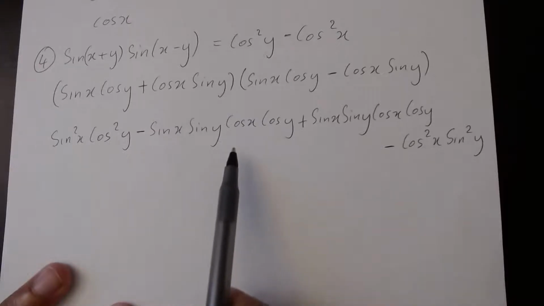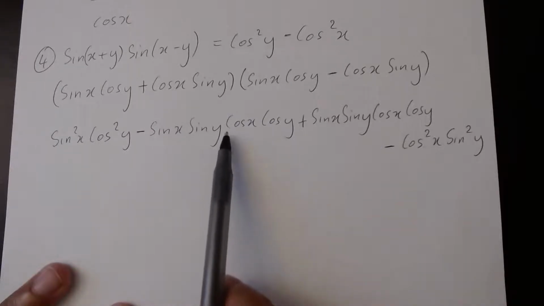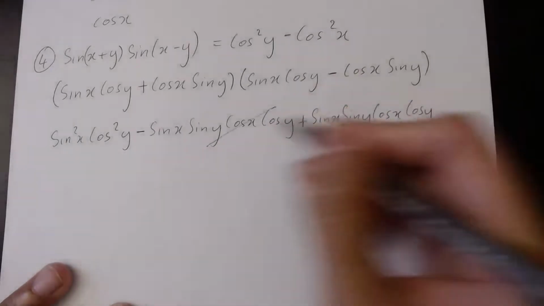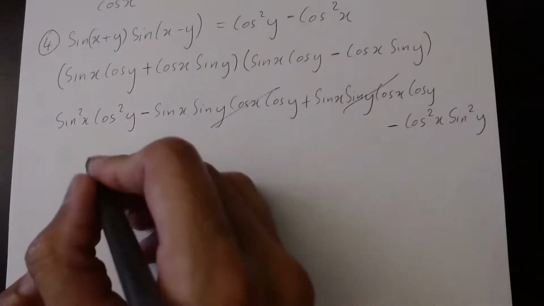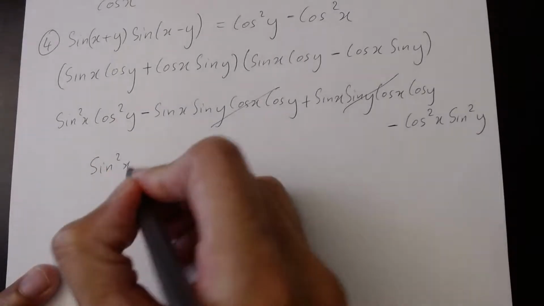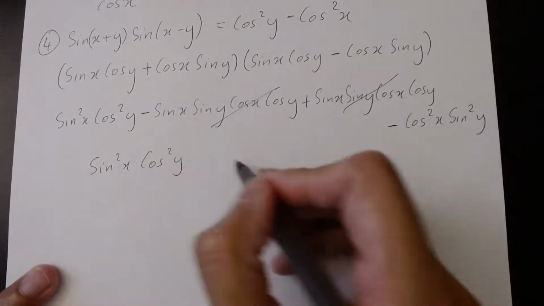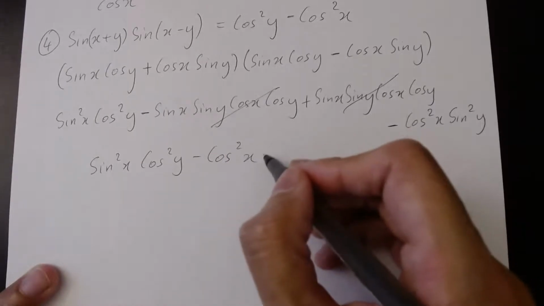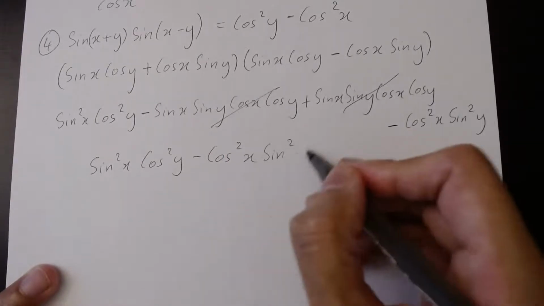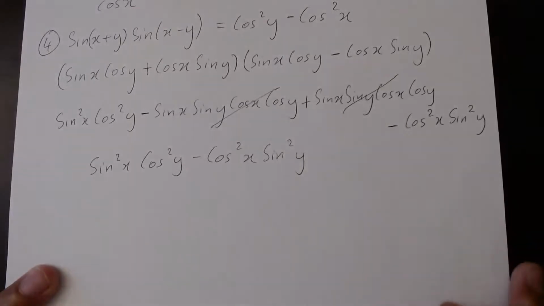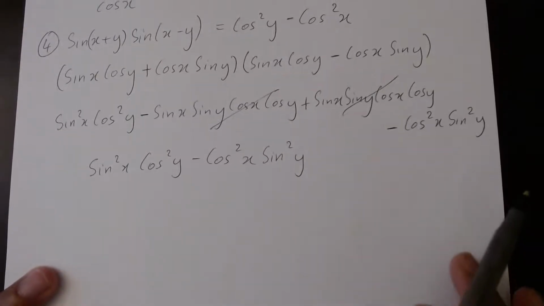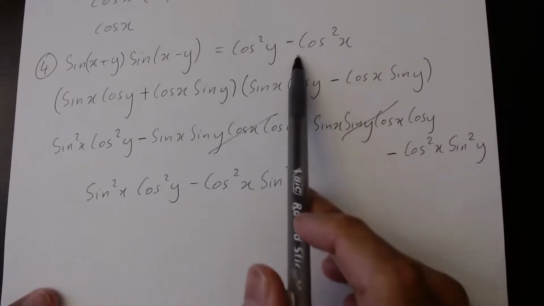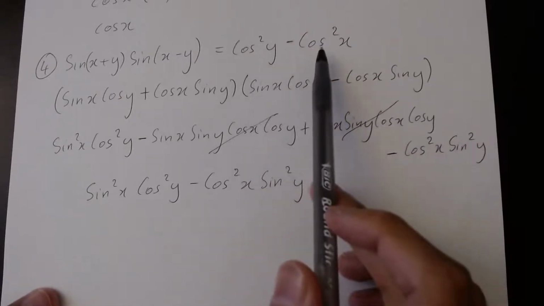Okay, the next thing I notice is that the two middle terms are identical but opposite signs. So these two cancel. I'm just left with sine square x cos square y minus cos square x sine squared y. Now I want to make this the same as this over here, cos square y minus cos square x.